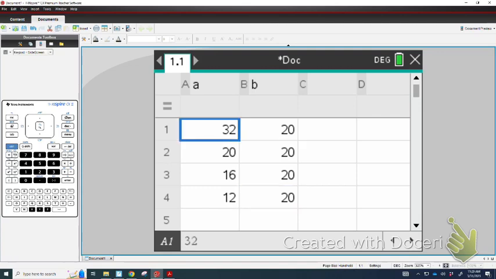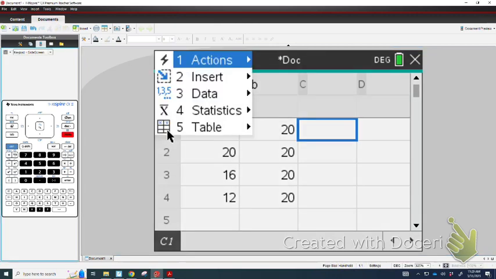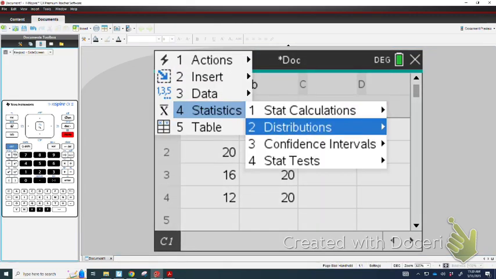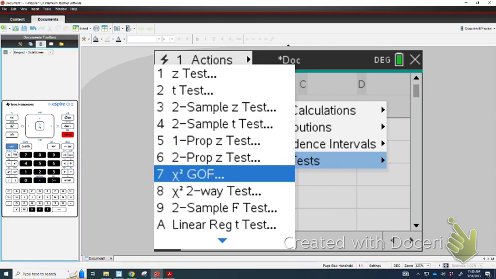A matrix is for a two-way chi-squared, homogeneity or independence. But a GOF test, I don't want a matrix. I want to compare observed to expected. So you got to type them into a spreadsheet, make sure you name them, and run the test. And you pick GOF test.